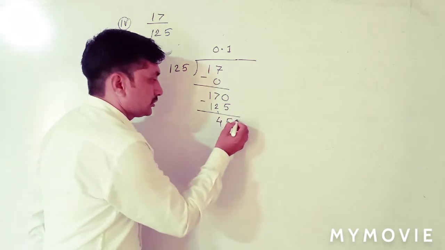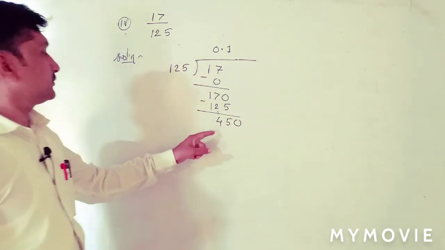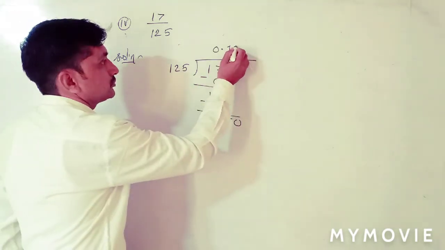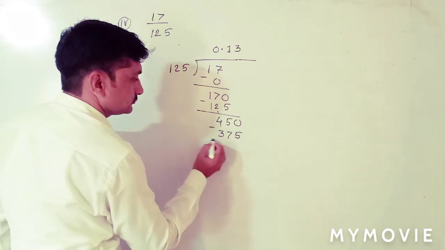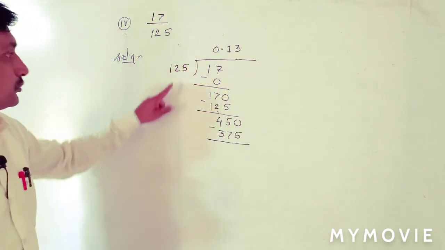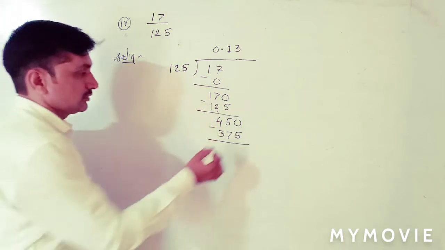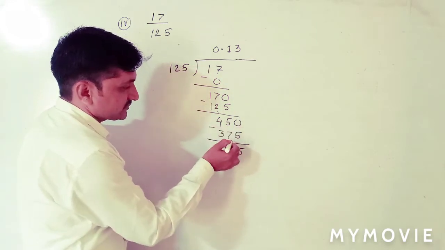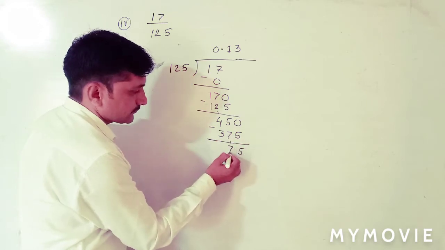45. Take 0. 450. 125 3s are 375. 125 2s are 250, 3s are 375. 10 minus 5, 5. 45 minus 38, 7.